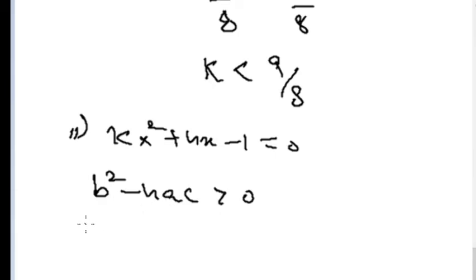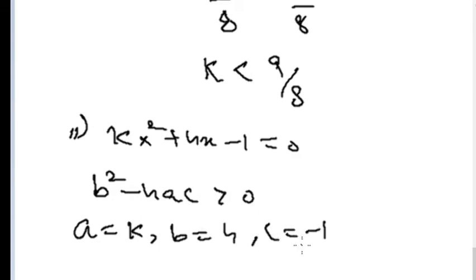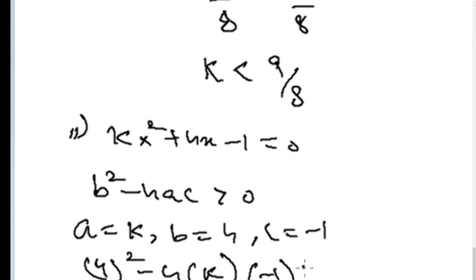The expression should be in the order, so a is k, b is 4, and c is minus 1. Now put a, b, c in the discriminant: 4 square minus 4, a value is k, and c value is minus 1, greater than 0.